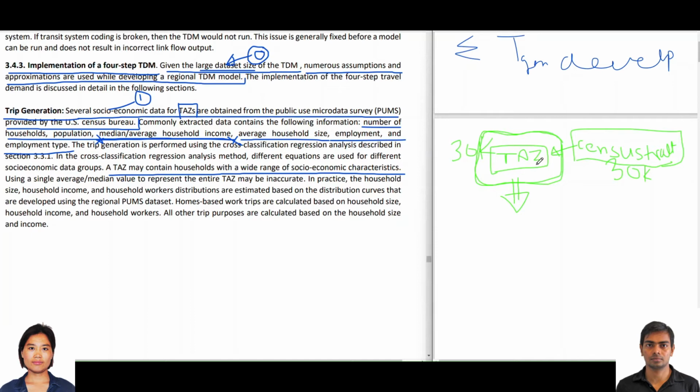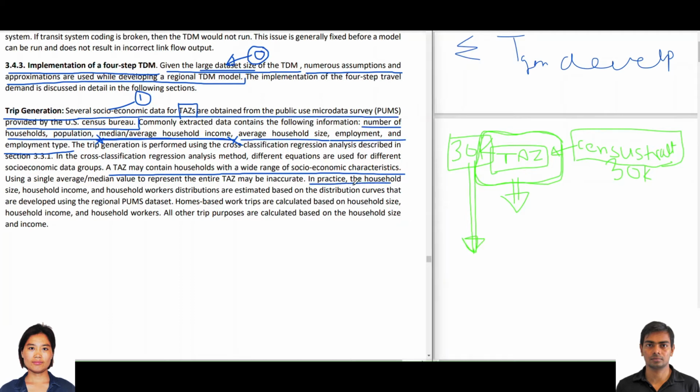Now within a TAZ, there are different kinds of residents. Some people have higher income, some people have lower income. So what we do is we take this average number and change it into a distribution based on the distribution curves, which is explained here.